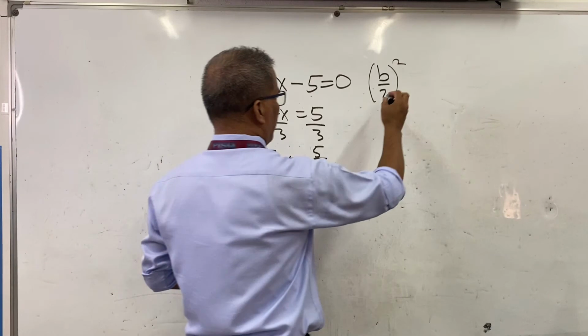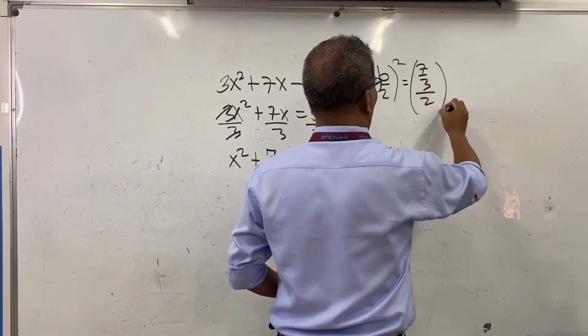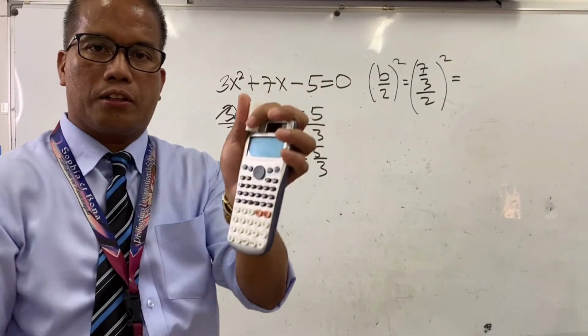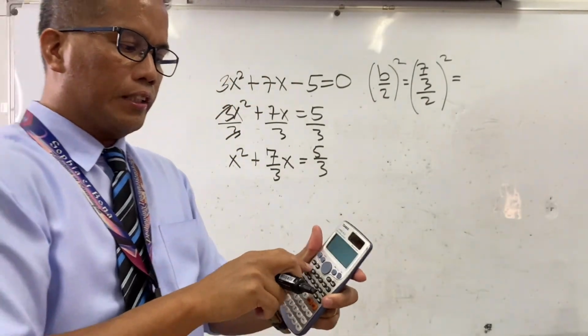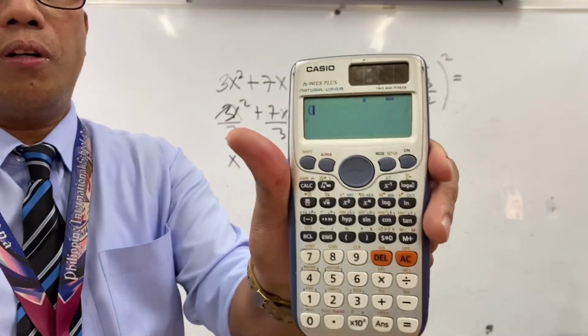So b is 7 over 3, divided by 2, raised to 2. If you have a calculator, you can use your calculator. There's a fraction there, so you are going to use the parentheses also.